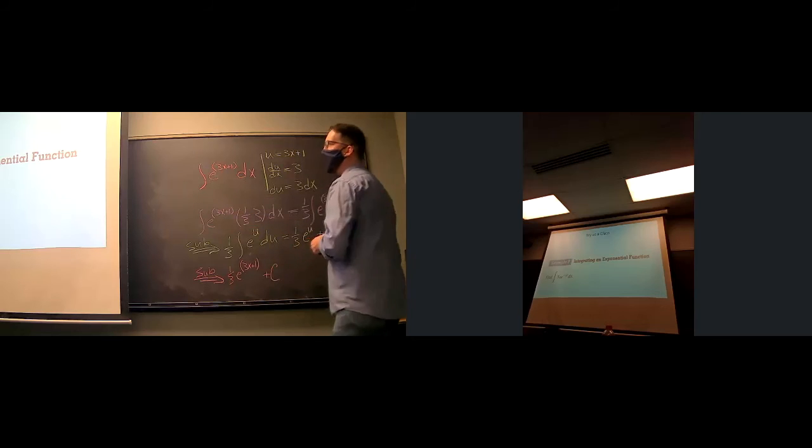But this example, now we've got 5x out front, and e is raised to a negative exponent. We've got 5x e to the negative x squared.